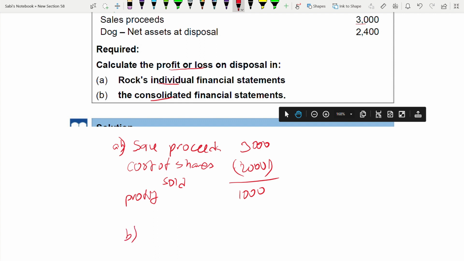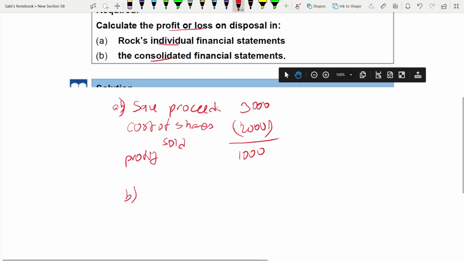Coming to B, it is a little tricky. You start with the sale proceeds, 3,000 only. We'll keep it in the outer column. Then on the inside, you deduct everything else. Because you have sold entirely, you will not have any remaining investment at fair value.